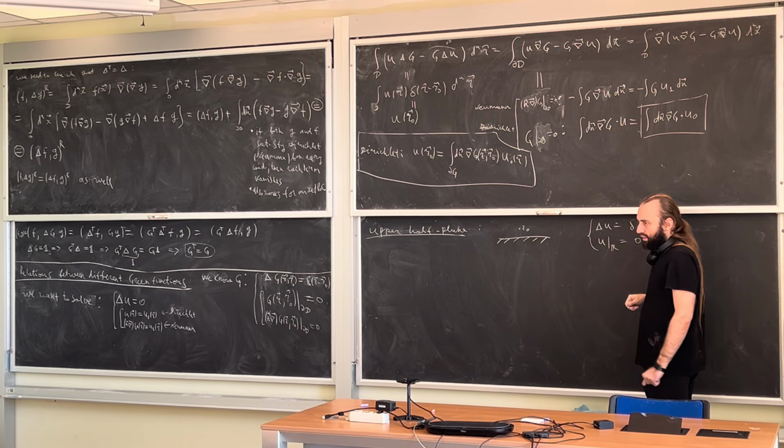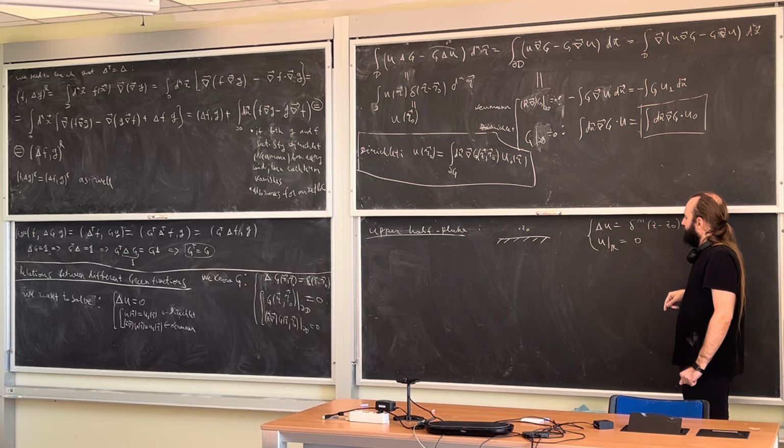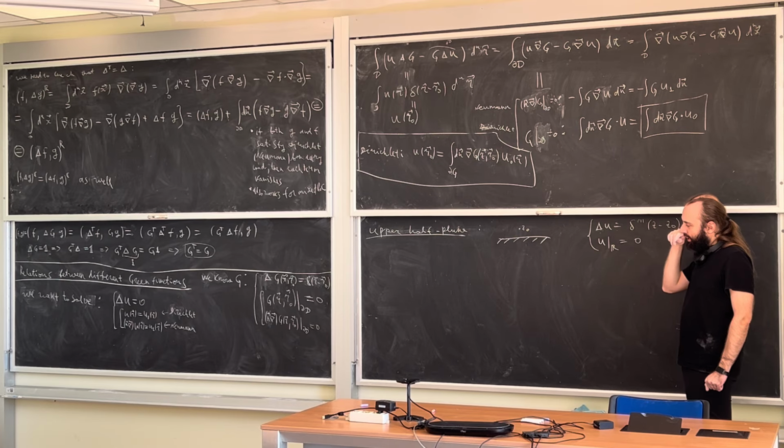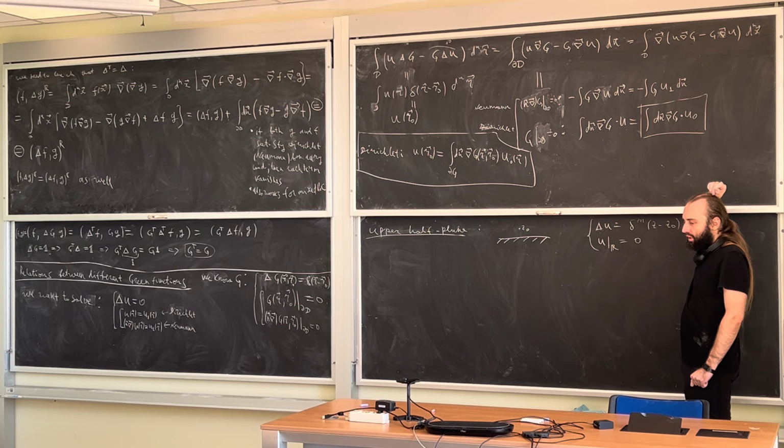We do the same as before, and we start on the whole R2 and then search for a correction. Yes, but what kind of correction should it be? Can you just guess it immediately?